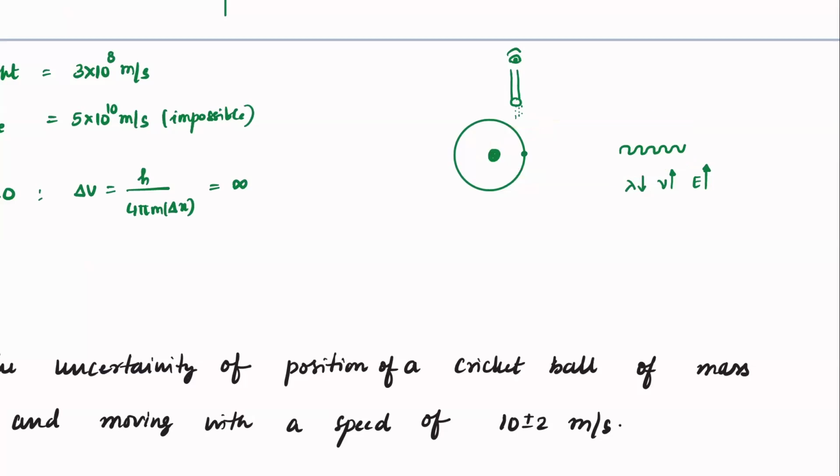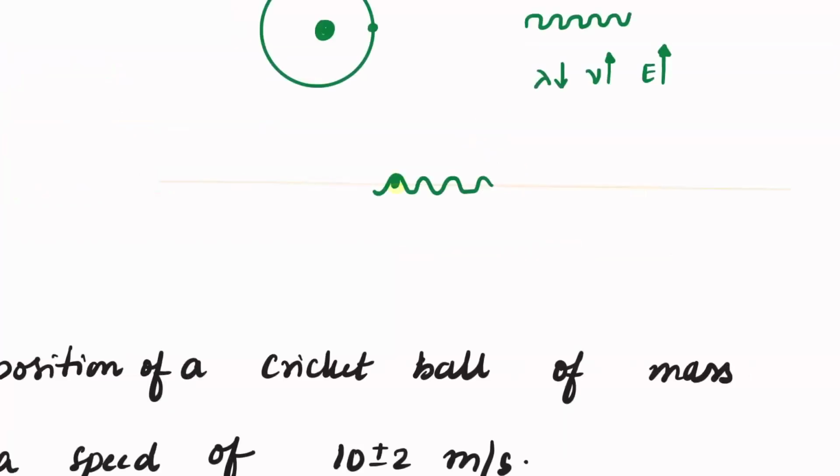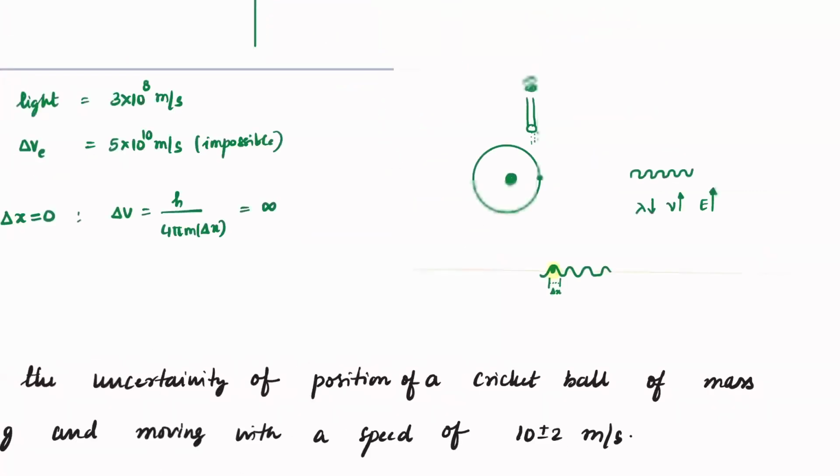This is where the electron is, and this is the line of sight where the light is coming. If we send a very short wavelength, the margin of error will decrease. Only this much is the delta x value, a very small amount, so you are locating it almost very accurately.